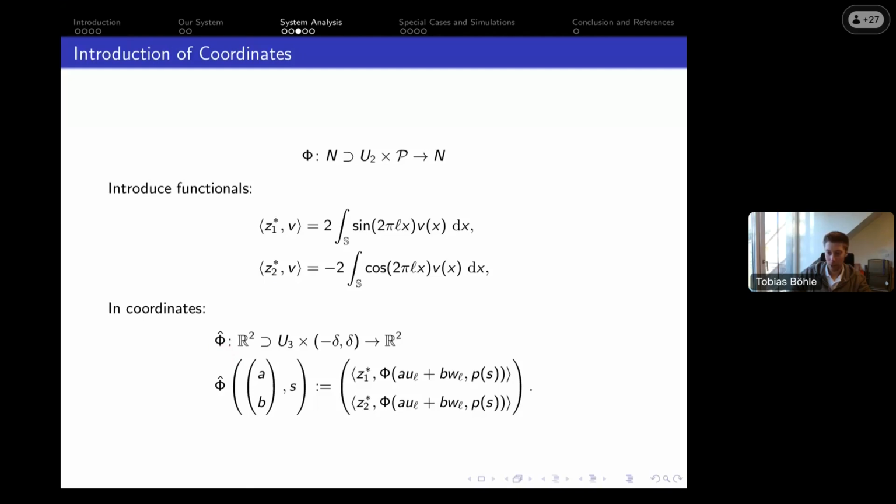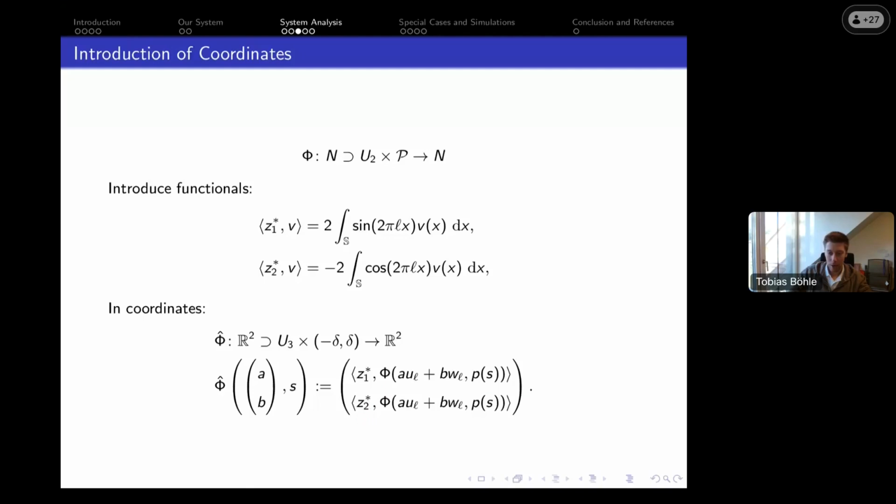We do that by applying the function phi to all possible linear combinations in N, given by A times UL plus B times WL. We apply the function phi to it and then extract the component of UL, and then we do the same and extract the component of WL.